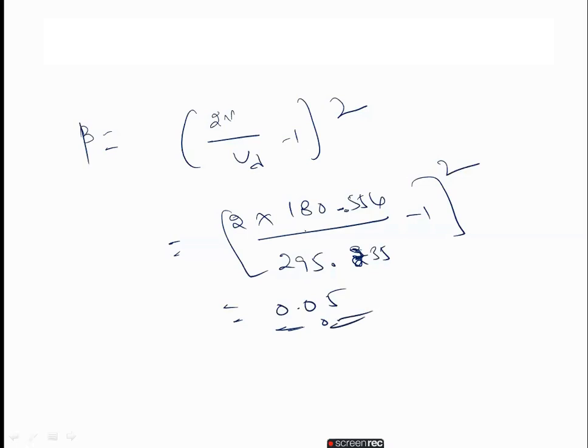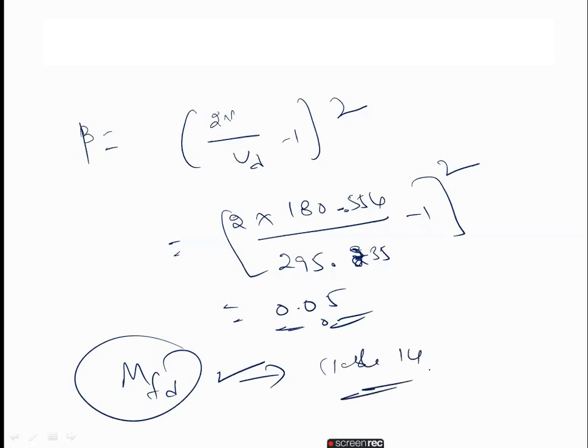Now it is a doubly symmetric section. That's why the Mfd value will be obtained from table number 14, and we have to take it using the KL by r value and also the h by tf value. So now we have to calculate Mfd.